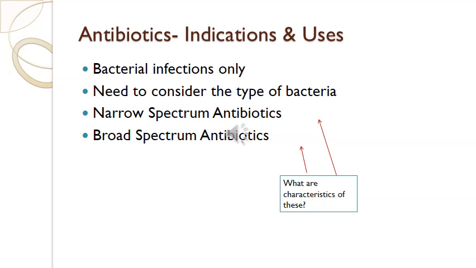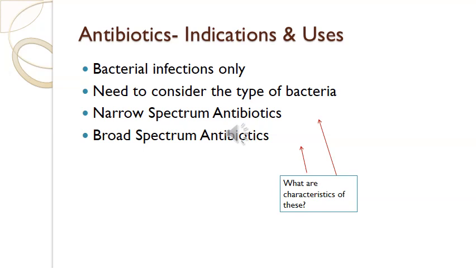There are two general categories of antibiotics: narrow spectrum and broad spectrum. Narrow spectrum antibiotics target specific types of bacteria. The good thing about narrow spectrum antibiotics is that by getting that specific, it minimizes any bad side effects you'd possibly have from the antibiotic, versus broad spectrum antibiotics, which treat a wider range of bacteria.